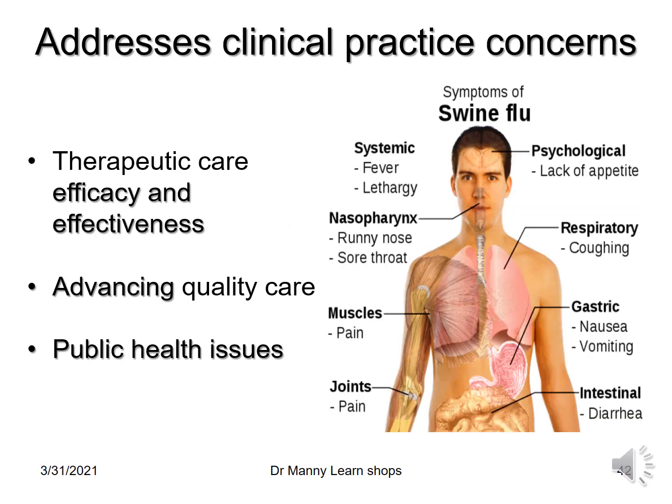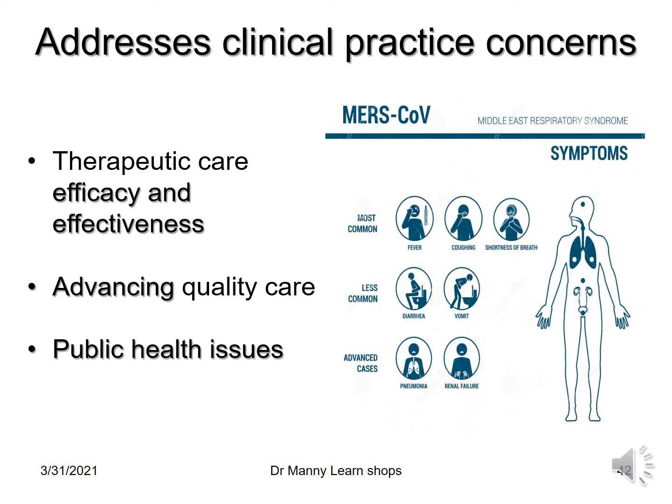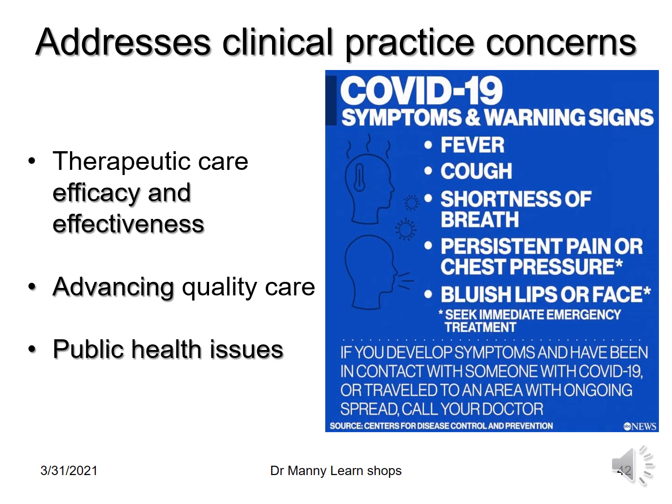It assesses clinical practice concerns, so therapeutic care is more effective. It advances quality care, and it addresses health issues which are related to the public, especially currently, 2019, 2020.